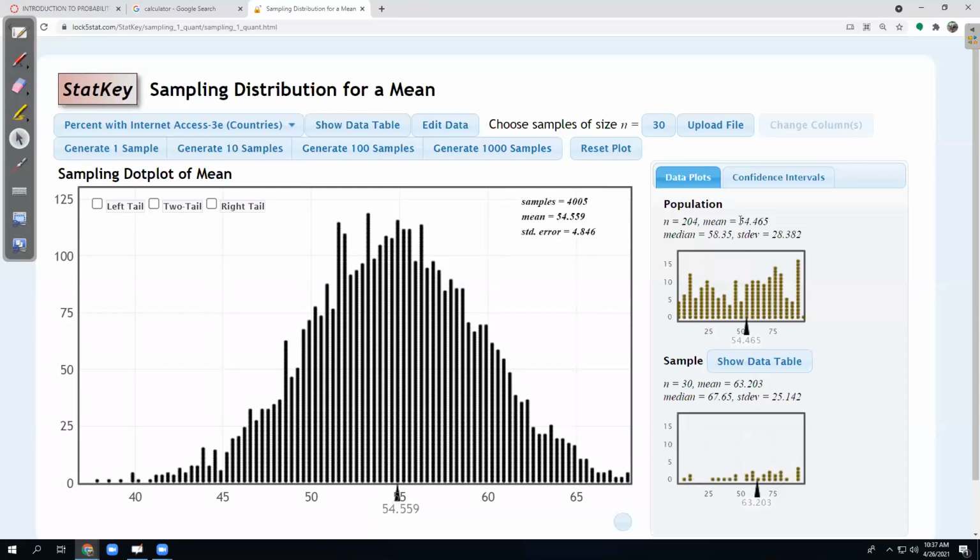The actual population number is 54.465, right? So is that close enough? Well, it's as close as I have right here. We'll get into margin of error in just a few minutes. So what I'm looking at here is a sampling distribution. We'll just pause here and then we're going to move on.